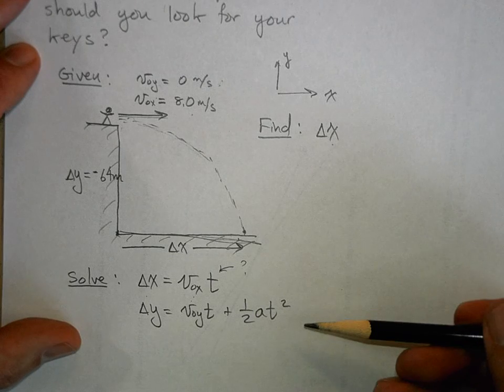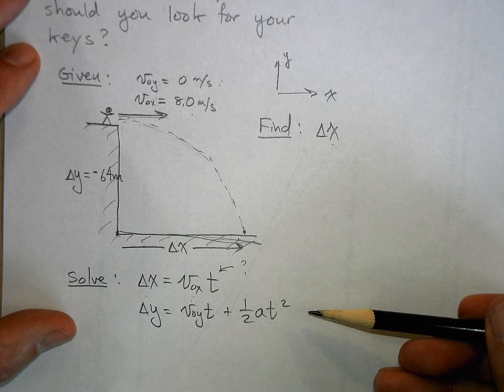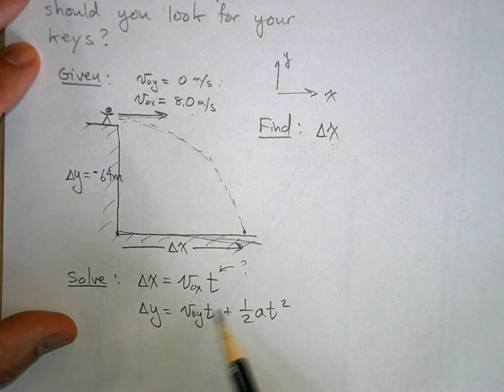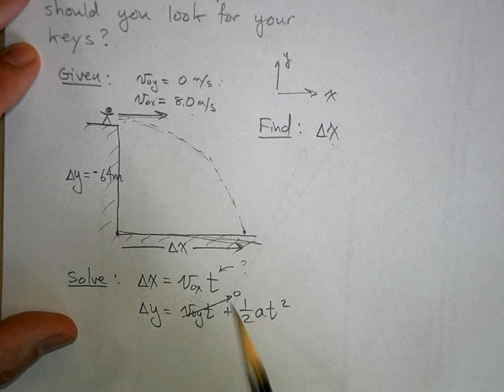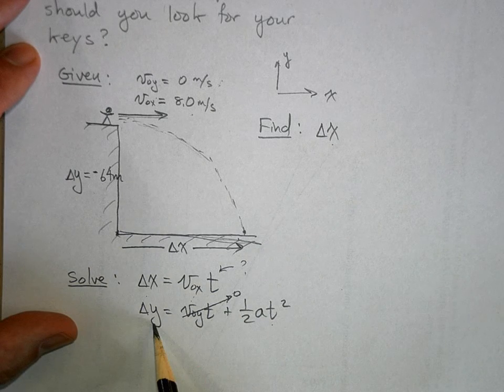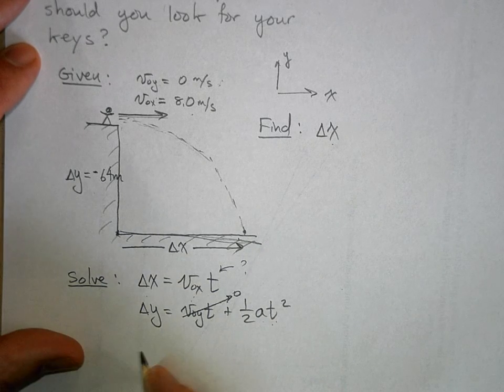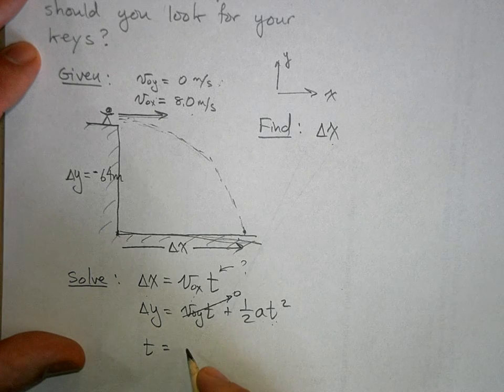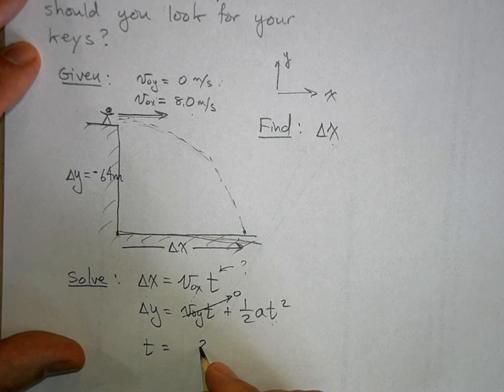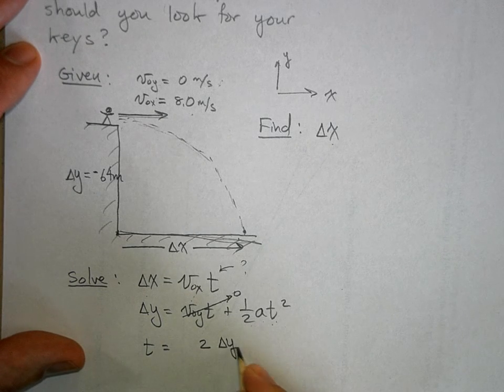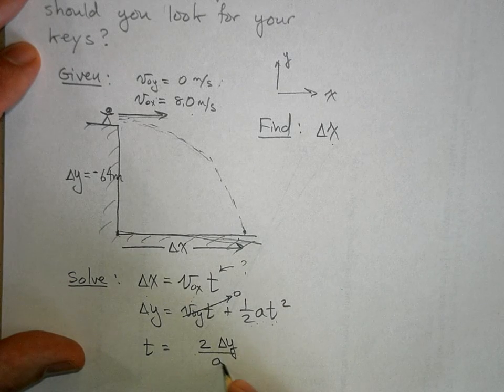So when you look in the y direction, you really have to figure out which equation you are going to use. Well, nicely, v naught y is 0, and we know what delta y is, and we know what a is, so solve for t. So t is equal to, multiply both sides by 2, so that's 2 times delta y, divide by a, and take the square root.